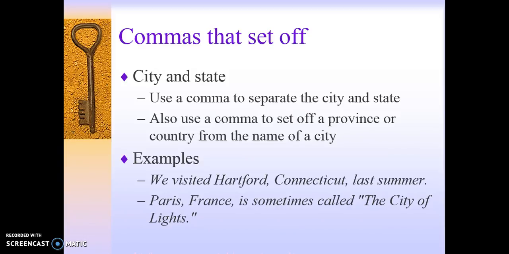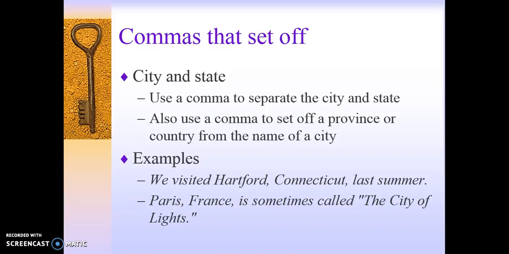You also want to use a comma to separate the city and the state. So you also want to use a comma to set off a province or country from the name of a city. As you can see here, the two examples are, we visited Hartford, Connecticut, last summer. Well, Hartford, Connecticut. So you want to separate the city from the state, but you also want to differentiate the two groupings from the rest of the sentence.